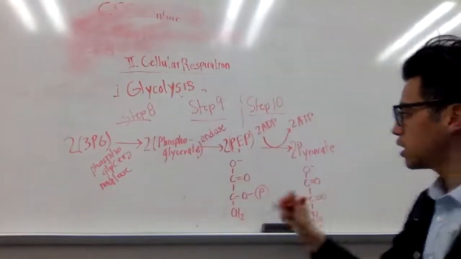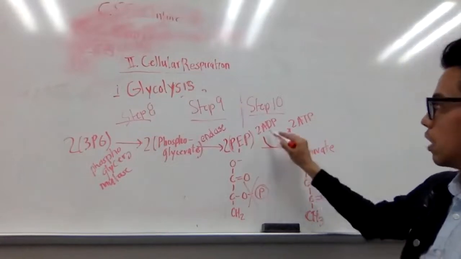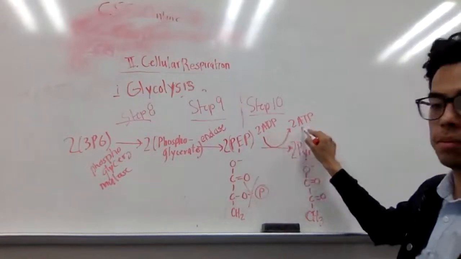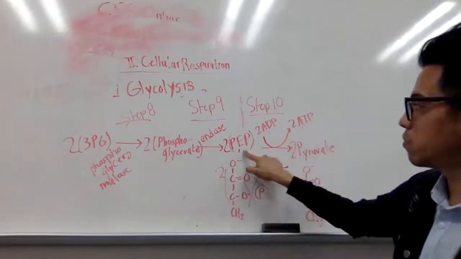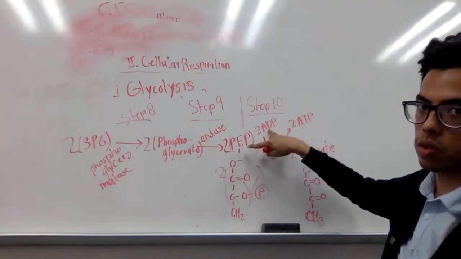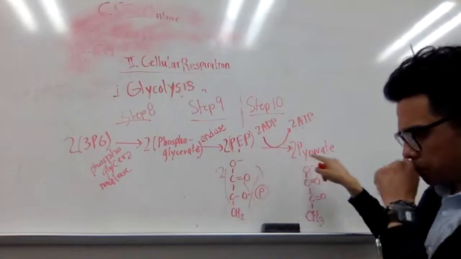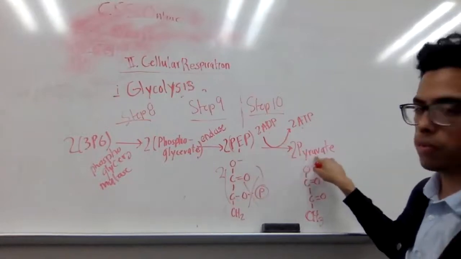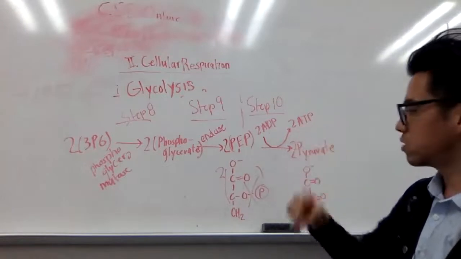As you can see, we take away this phosphate group and we give it to an ADP molecule, creating ATP. And because we have two of these molecules, we can do that twice. So we start off with 2 PEP and 2 ADPs, and we convert PEP to pyruvate. And that phosphate group from PEP goes into ATP, therefore creating two molecules of ATP.